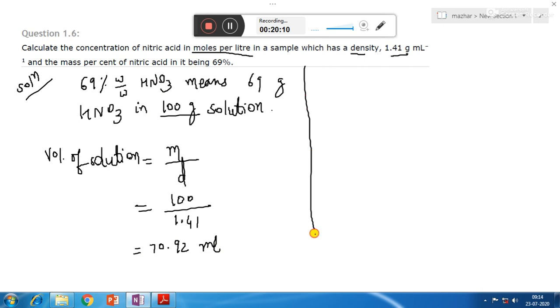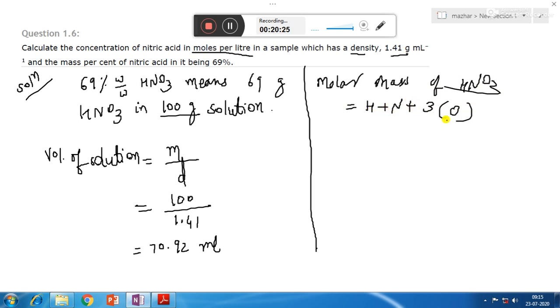Now we have to find out molar mass of nitric acid. So that is equal to H plus N plus 3 times O, equal to 1 plus 14 plus 3 times 16. So that is equal to 63 gram per mole.